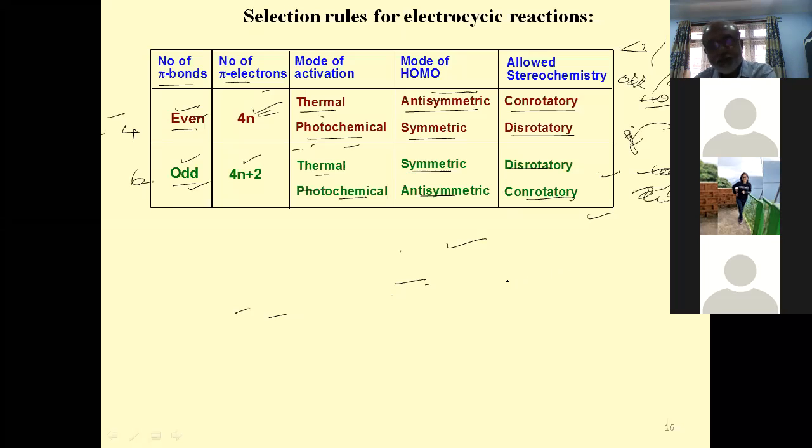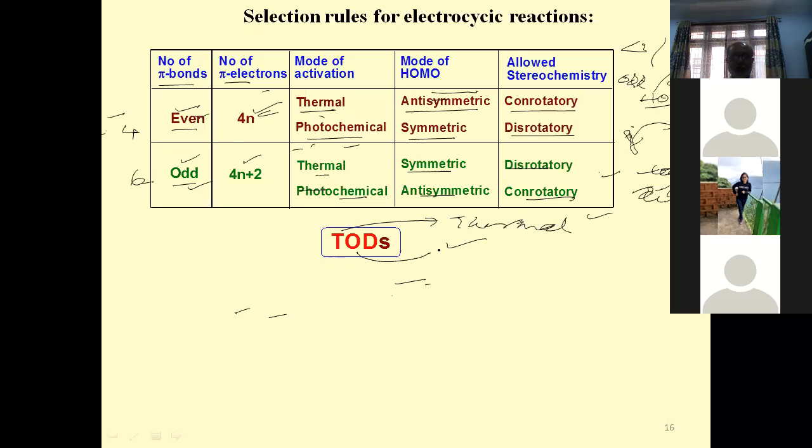It is a very simple word. Just remember this. What is this? These three letters: T stands for thermal.